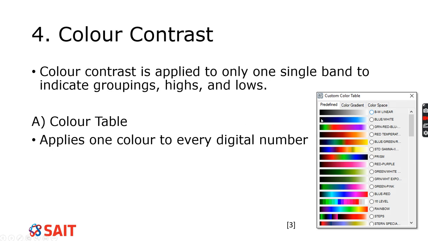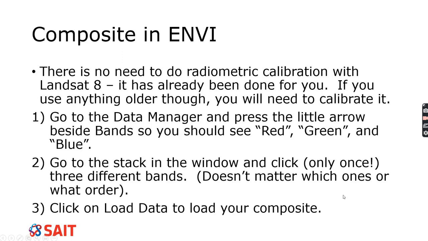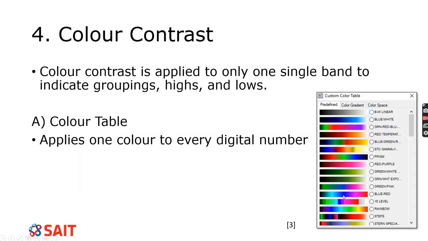Now you can use gradients, going from black to white, that are all blue, or you can use multiple colors here. You can see how there are different colors, different color schemes, and you can reverse them if you like. You can see how it's more of a progression rather than just sharp changes, except for this one here. The 16 level is not really truly a color table.